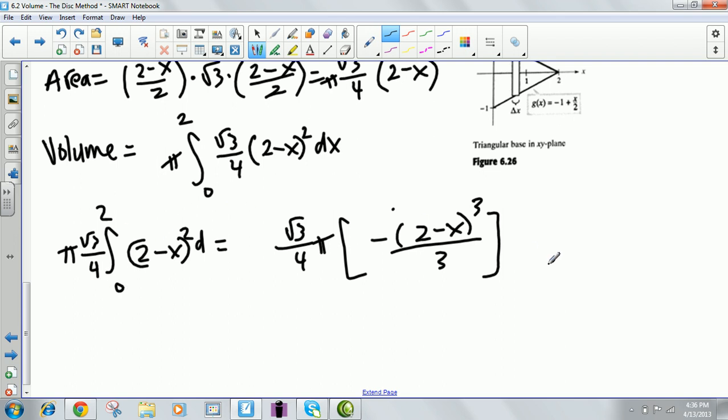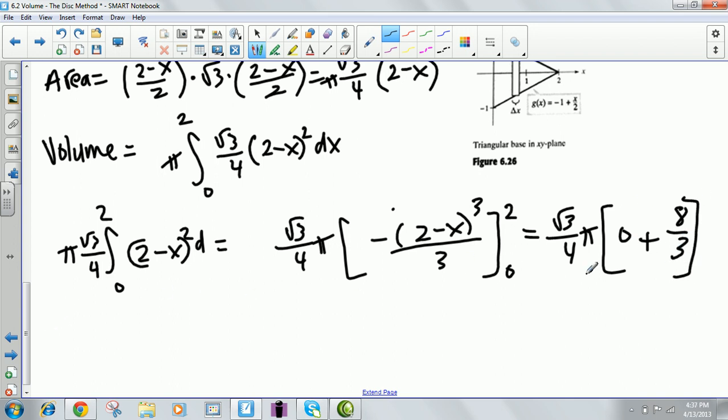So you can use substitution if you don't believe me, and then that would go from 0 to 2. The bottom does matter in this case. When you plug the top in, you end up with 0. Then you'd have 0 minus, when you plug in the bottom, 2 minus 0 is 2, 2 to the third is 8. So you have 8 thirds. But it'd be plus, because it's minus and negative. So it'd be plus 8 thirds.